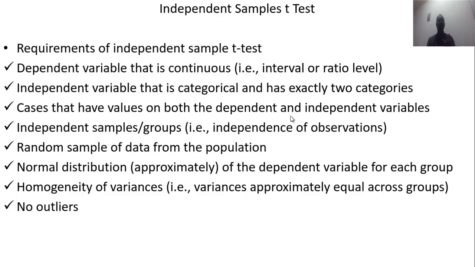Then by independence of observation we mean that one student cannot be both male and female. He is either male or female.